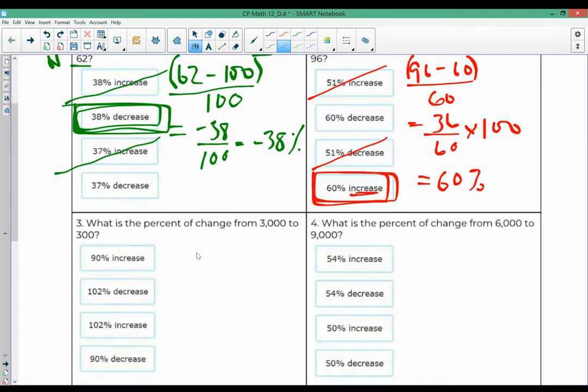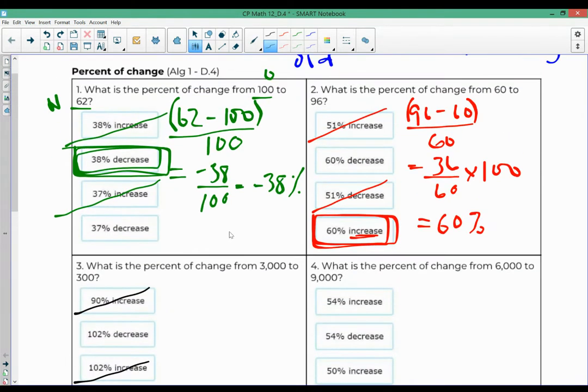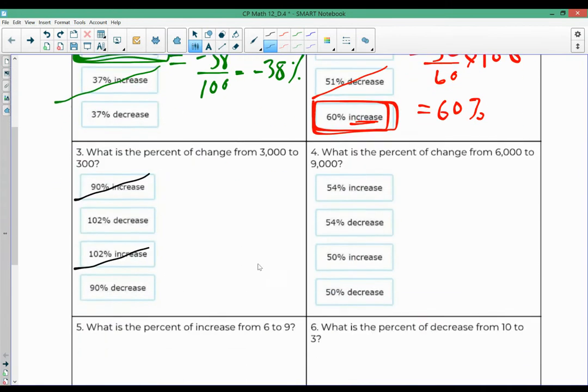All right, let's keep it moving. What is the percent of change from 3,000 to 300? Okay, I know it's going to be a decrease. So again, we have new minus old. So new 300 minus old 3,000 over old 3,000 times 100.